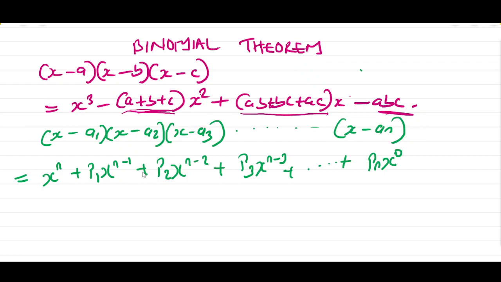Well, to answer that question, we ask ourselves, how do we form the product x to the n minus 1? To form x to the n minus 1, we go through these n brackets and loop through them. n minus 1 of them will be taken out. So we pick one x here, one x here, one x here, and multiply until we get x to the n minus 1.